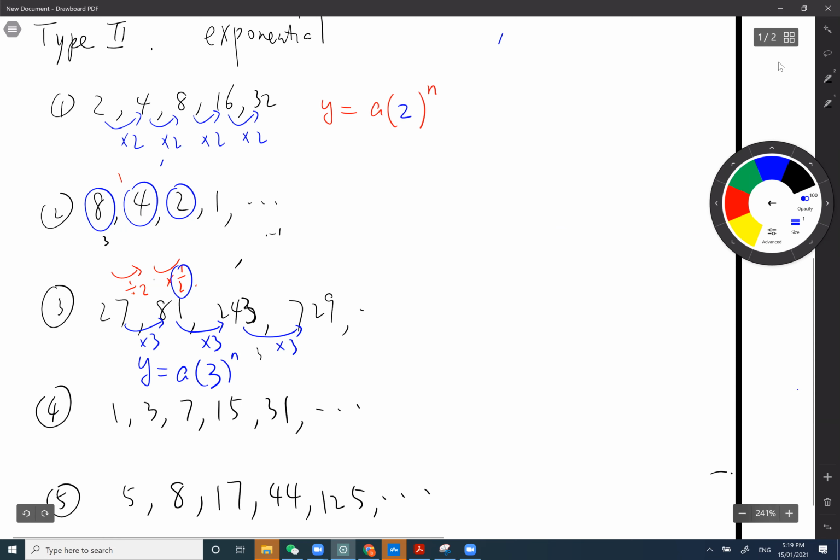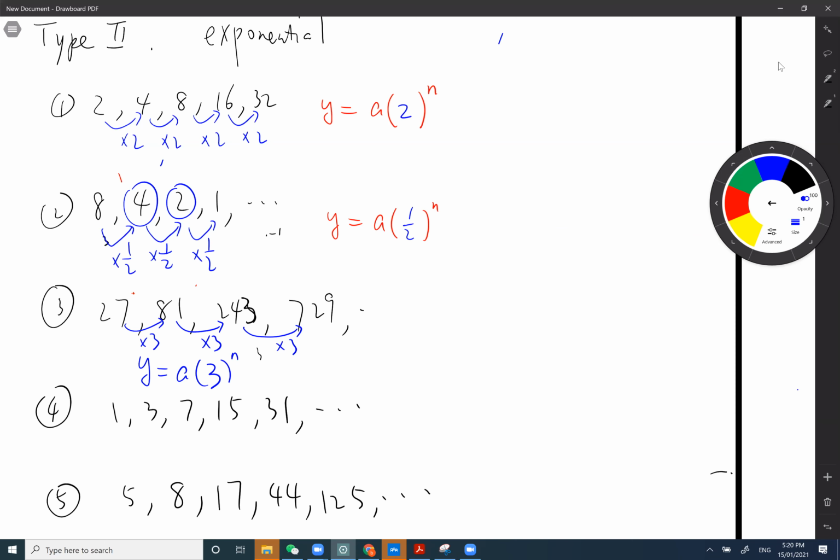For the second question, you always times by half. Today's knowledge is hard and important. So the formula is y equals a times half to the power of n. And 3 to the power of n.